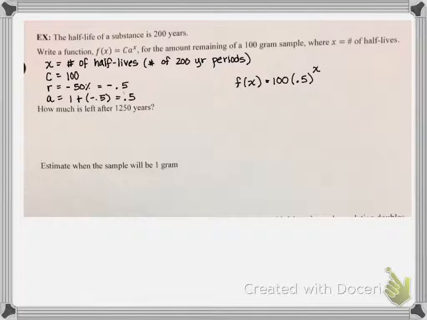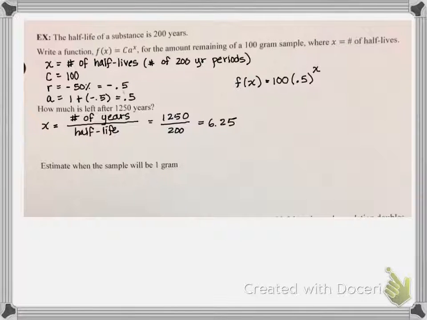So we have to figure out what x is first, and to figure that out, we take the number of years and divide that by the half-life. So the number of years divided by the length of the period that our variable represents. That's 1,250 divided by 200, which gives us 6.25.